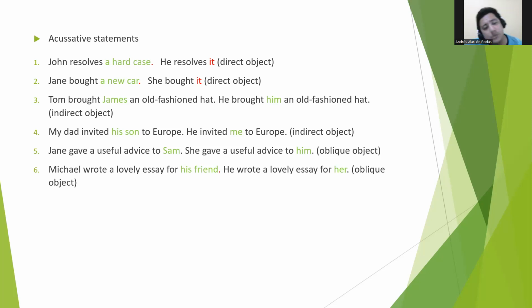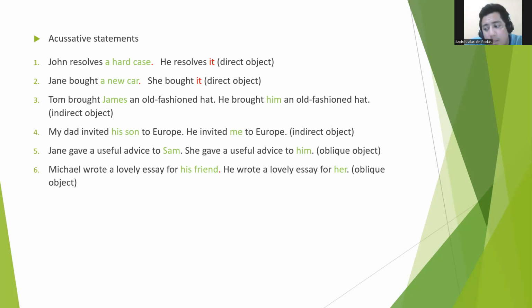The transposition of the indirect object led to the use of an oblique object. For example, in this case, I have used two prepositions, two and four.